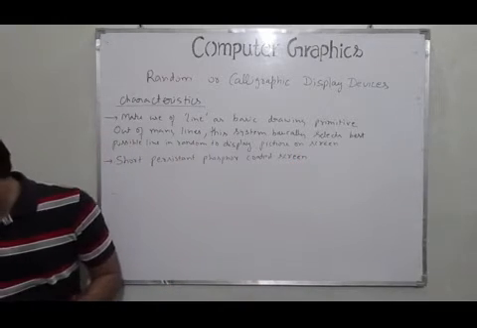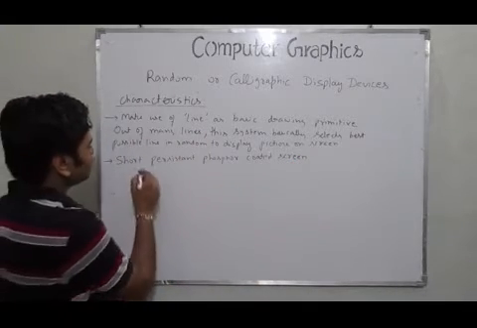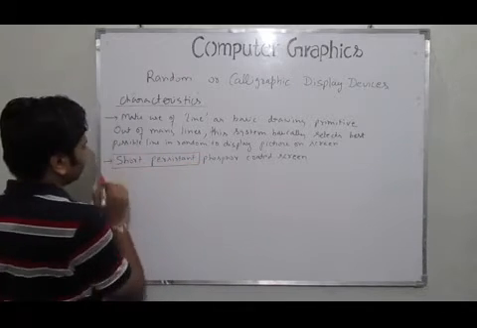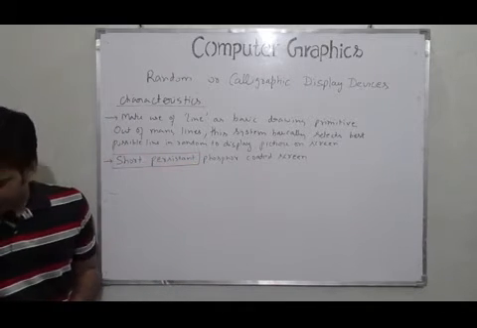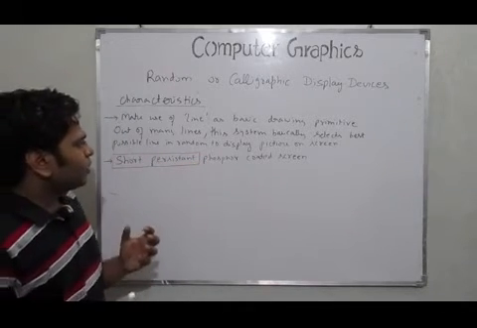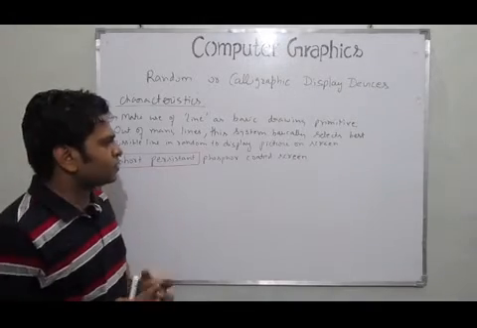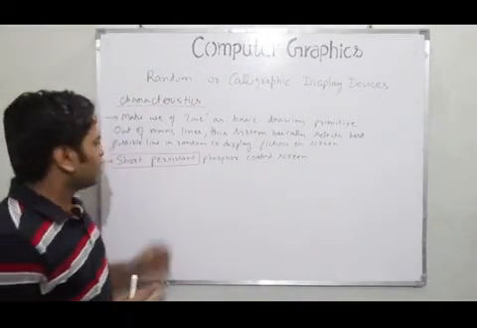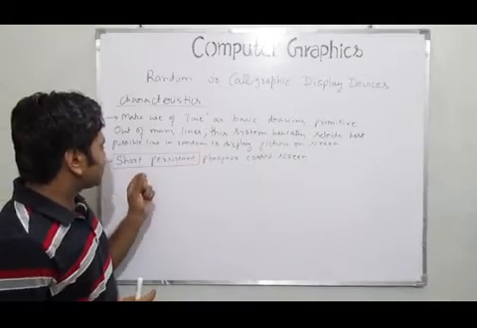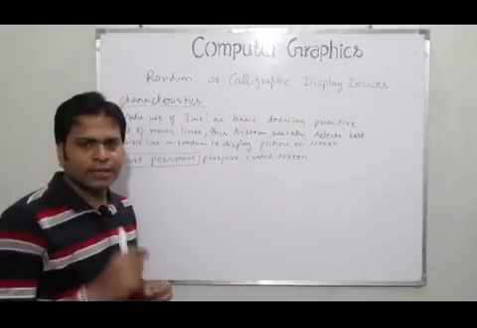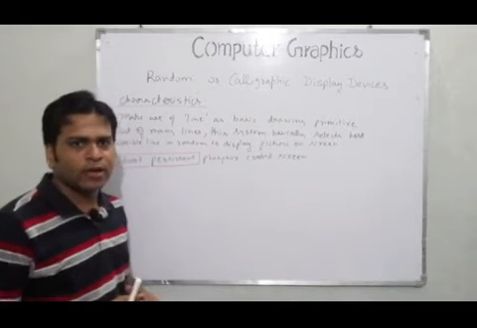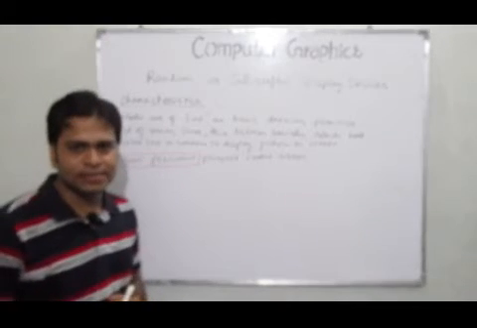When we say short phosphor persistent screen, it implies that after removing the electron gun, the time for which the electron glows on the screen is short as compared to the DVST.